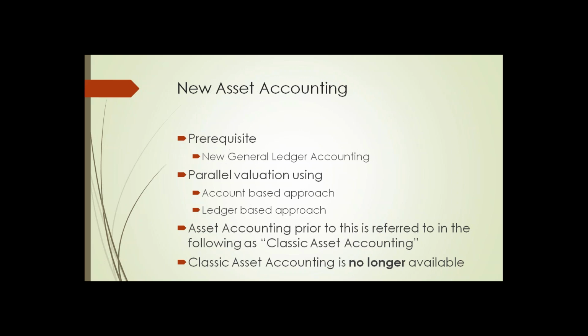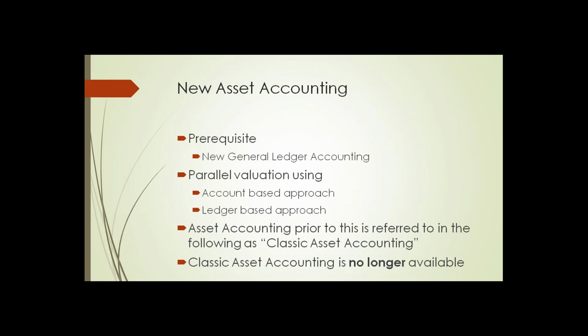Okay. So see, in the first thing, what we told is, if my customer is not willing to move from classic GL accounting to new GL accounting, so what is the option available? And I have given you the option that no problem, you can continue to use classical GL accounting in simple finance.